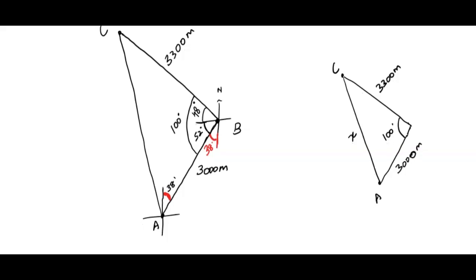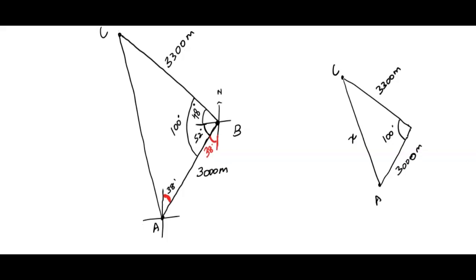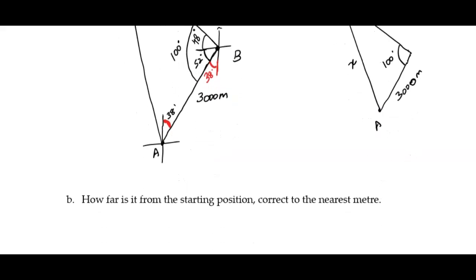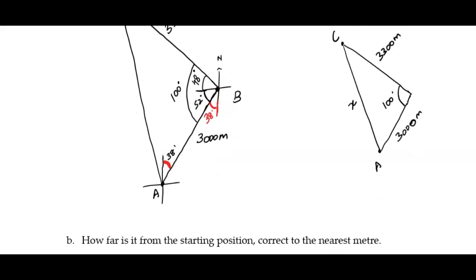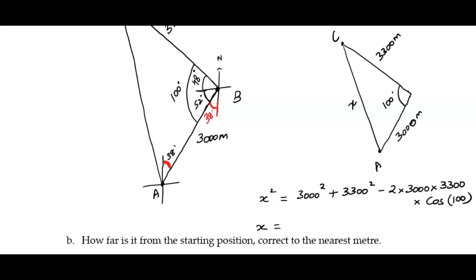So we're going to use the cosine rule to work out this missing length. If I write down my cosine rule for this missing length, I'm going to have x squared equals 3,000 squared plus 3,300 squared minus 2 times 3,000 times 3,300 times the cos of the angle in between. If we take the square root of the answer, that should give us the final answer.